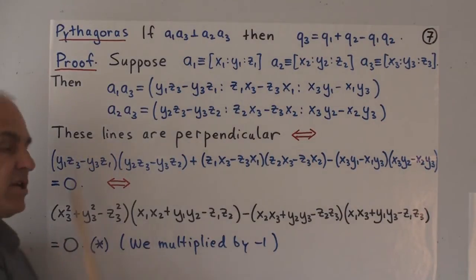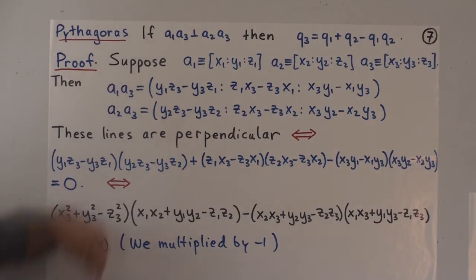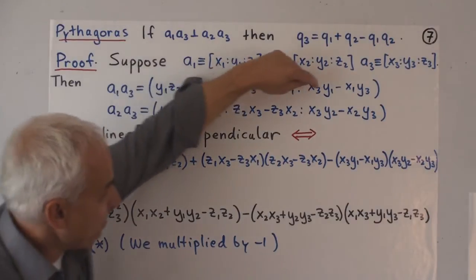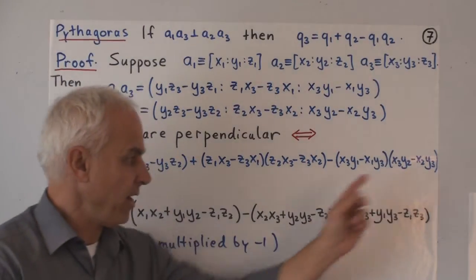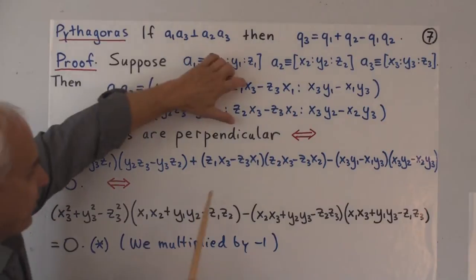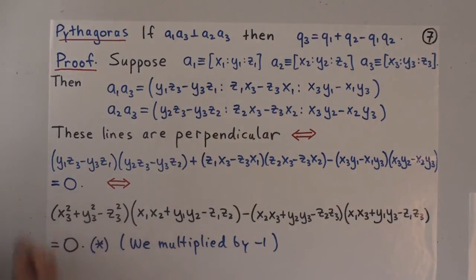Now, when are such lines perpendicular? Well, remember, perpendicularity of lines was the spread equals 1, or algebraically it was that this times this plus this times this minus this times this should equal 0. And I've just written that out right there.